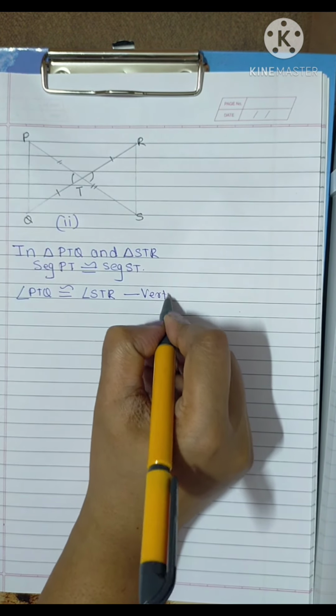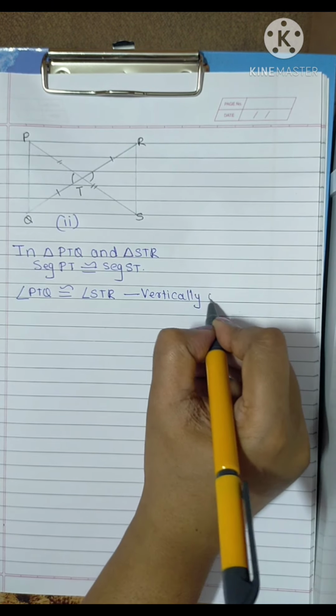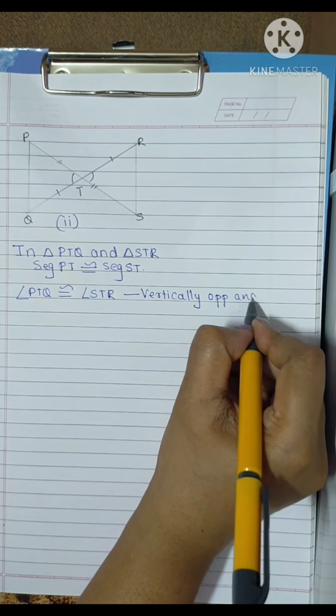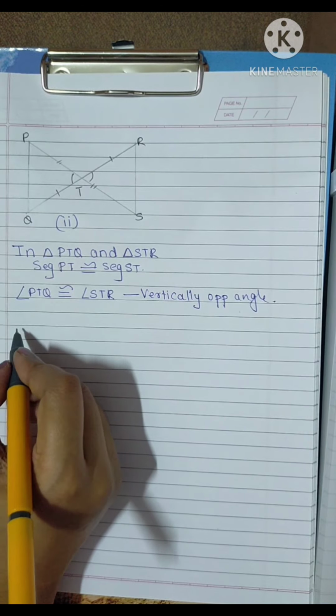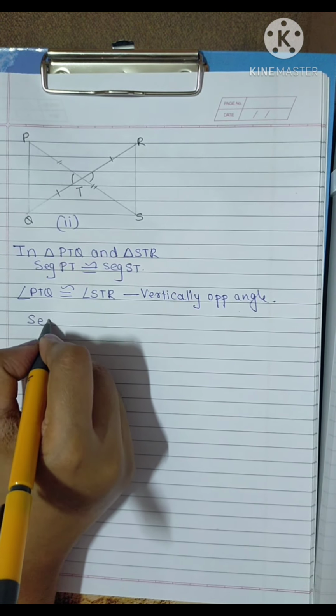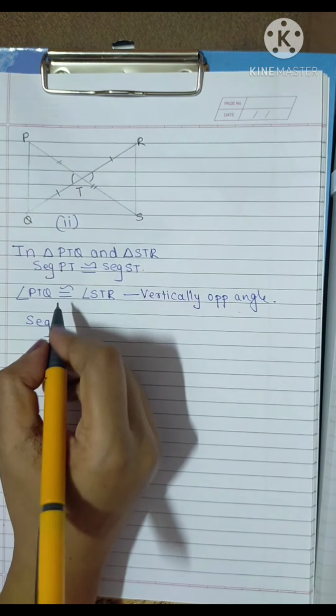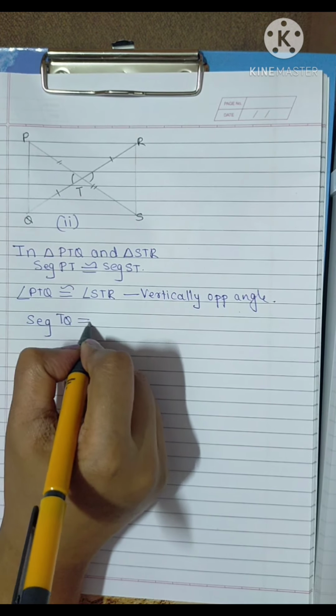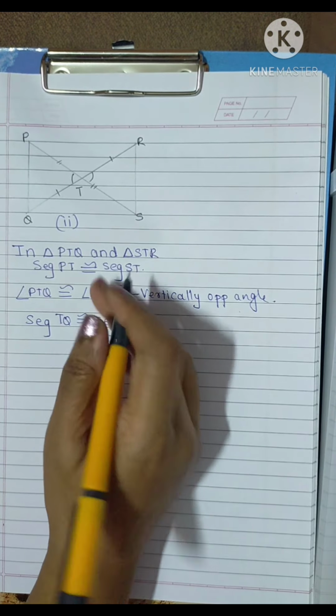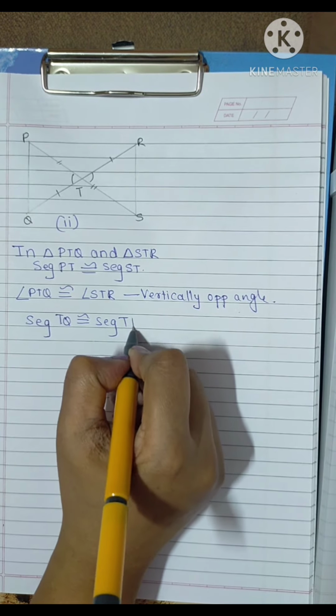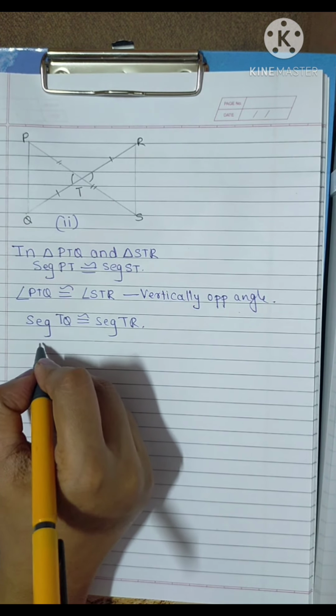Angle PTQ is congruent to angle STR because they are vertically opposite angles. Next, segment TQ is congruent to segment TR. This is also given.